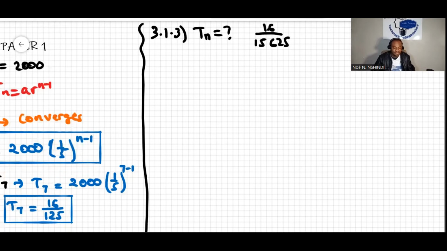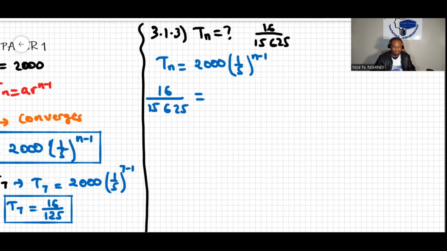How can we do that? We know that Tn is given by 2000 times 1/5 to the n minus 1. Now we're going to substitute Tn by 16/15,625. When they say which term, we're looking for n.